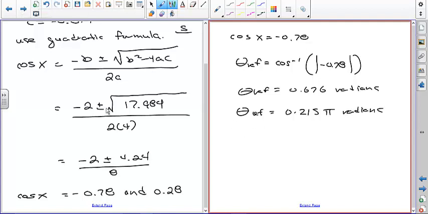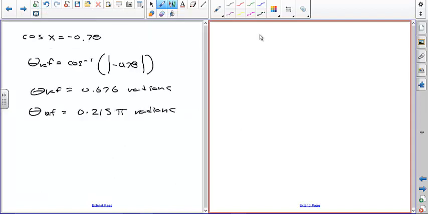Let's do the other one over here: cosine of x equals 0.28. The reference angle associated with this part is the inverse cosine of the absolute value of 0.28.